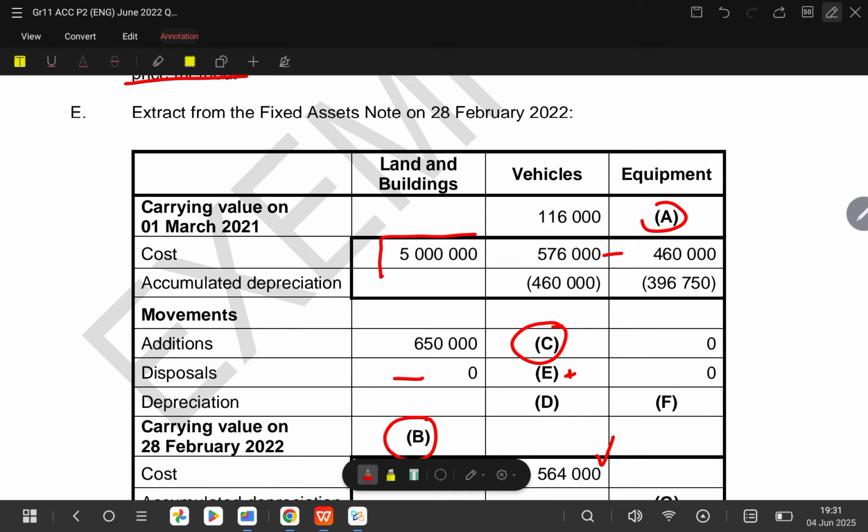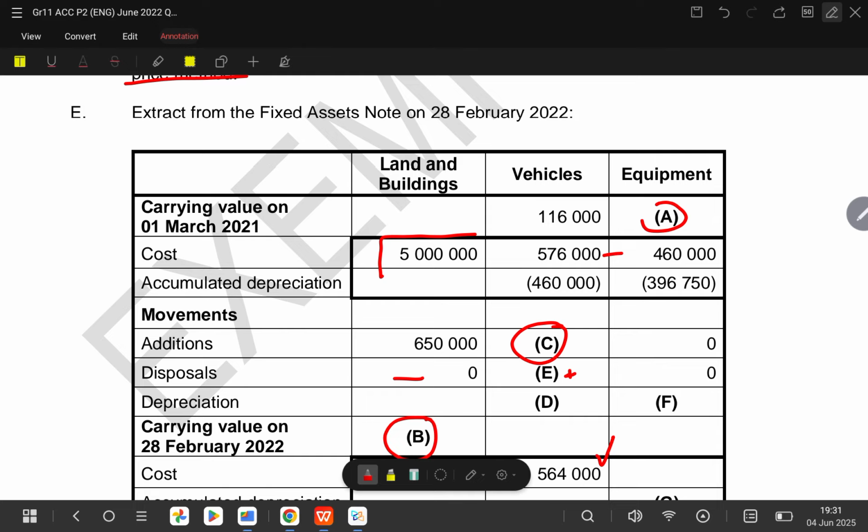You need to check if your accumulated will be greater or equal to the cost price. That's when you will know that you have residual value. So if you add 396,750 together with 69,000, it gives you 465,750, and it's impossible because this is greater than your cost price.